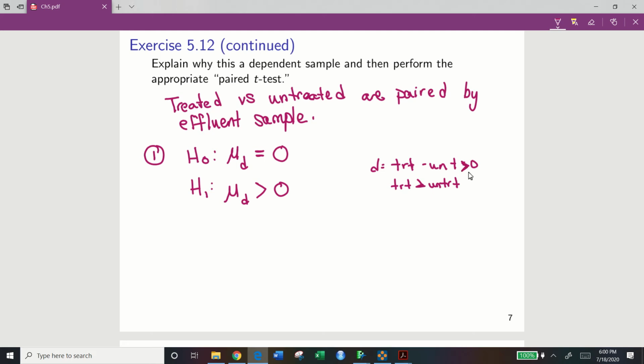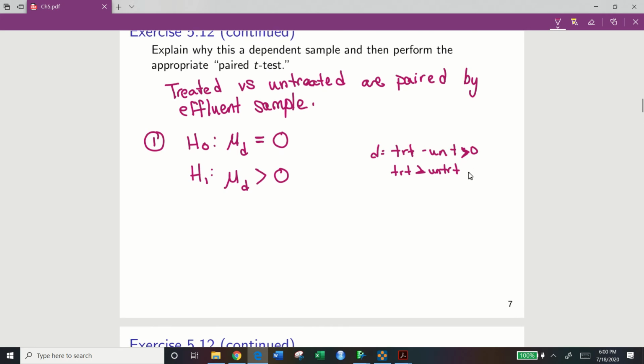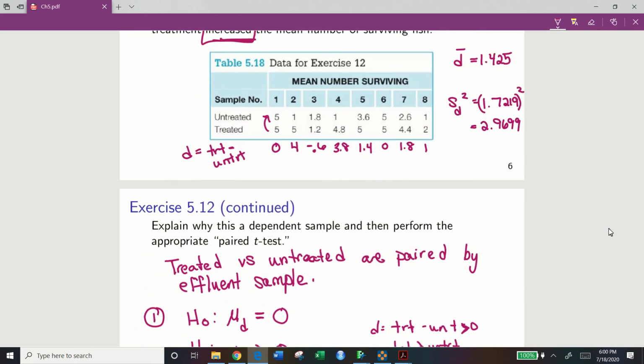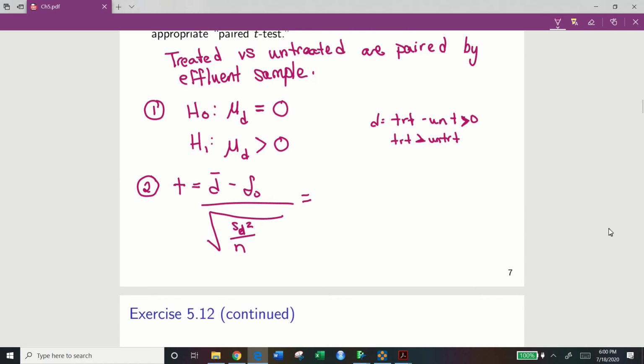Okay. So now let's begin by calculating our test statistic. Step 2. We know that our formula is T equals D bar minus delta naught over the square root of SD squared over N. From our slide 6, we have that our D bar is 1.425.